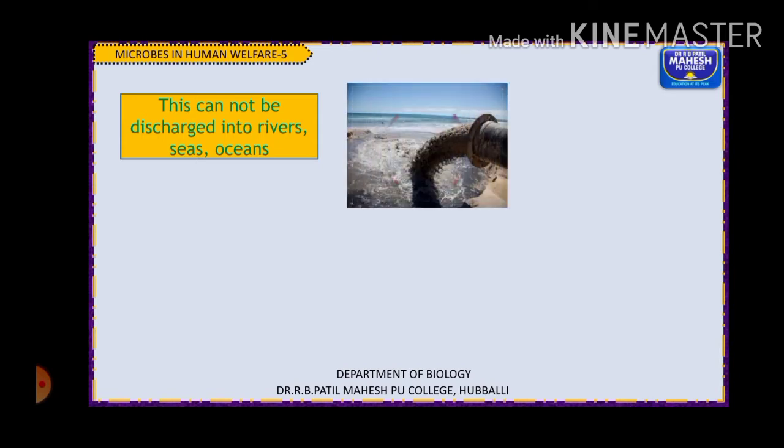As I told you, sewage water has many microbes, both pathogenic as well as non-pathogenic, but it cannot be discharged directly into natural water bodies like rivers, seas, oceans, or streams. So what do we have to do?